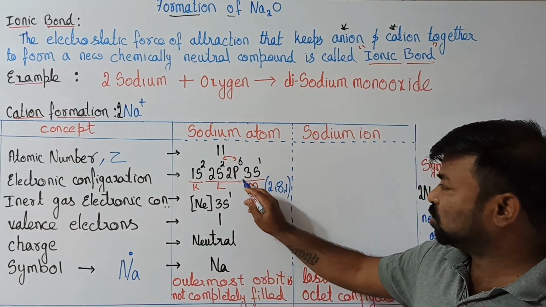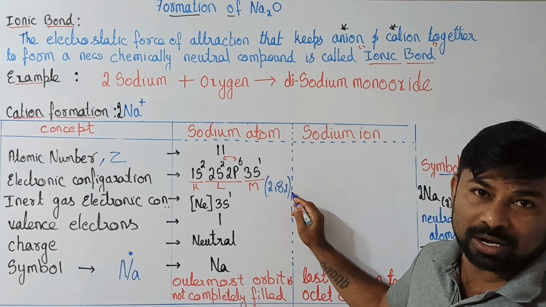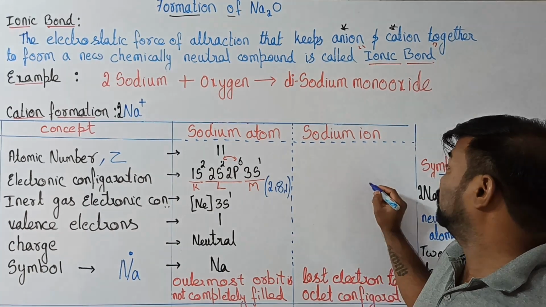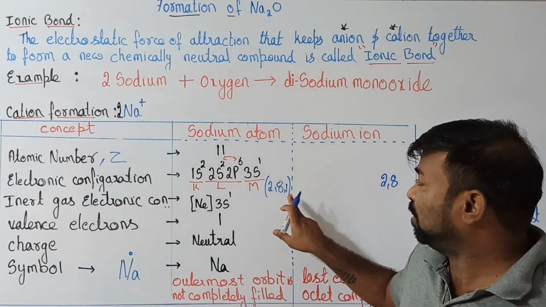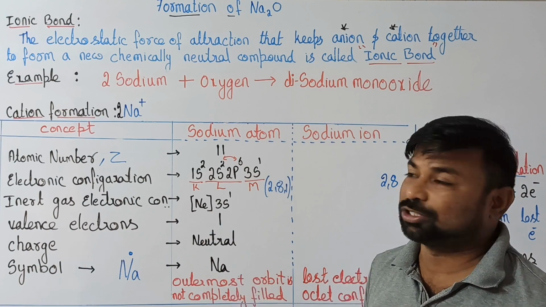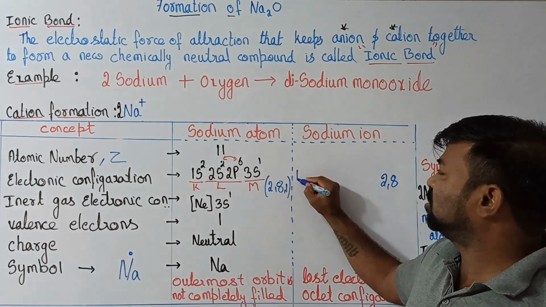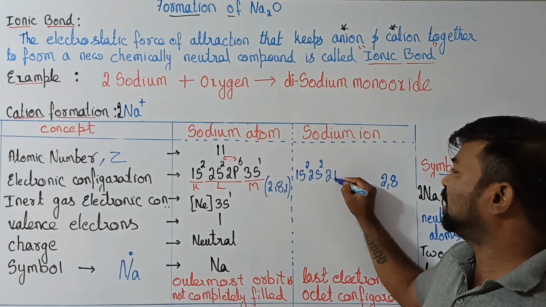So if it loses 1 electron, from 2, 8, 1, how many electrons will be there? It will be left over with 2, 8 only. What happened? The last electron is lost. So the electronic configuration will be 1s2, 2s2, 2p6. Why?